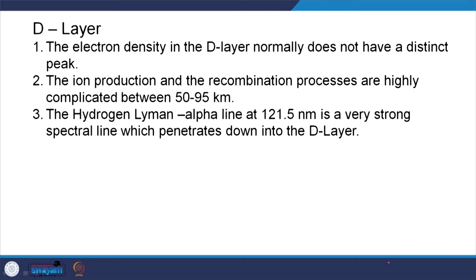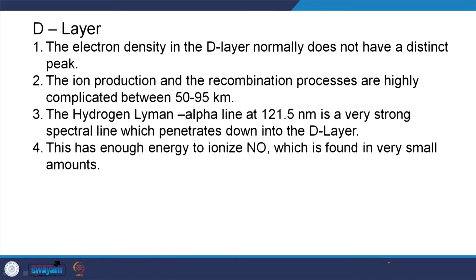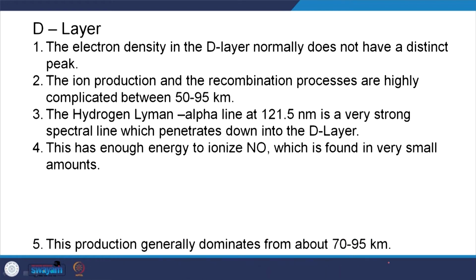If energy is traveling from top to bottom, it has to be very intense and strong to penetrate all the way to the bottommost D layer. Lyman alpha does that. It has enough energy to ionize the nitric oxide molecule, which is generally found in very small amounts in the D layer, at 50 to 95 kilometers altitude.